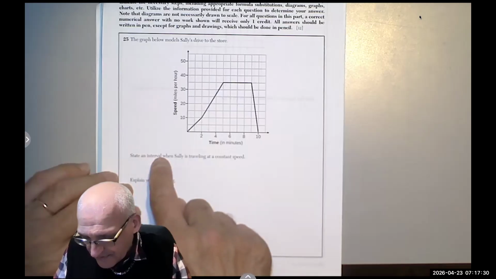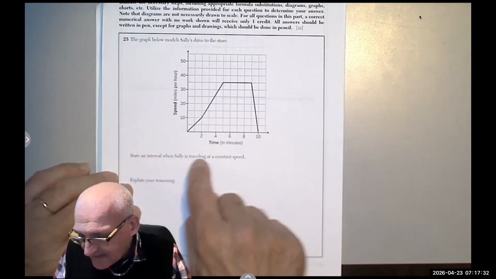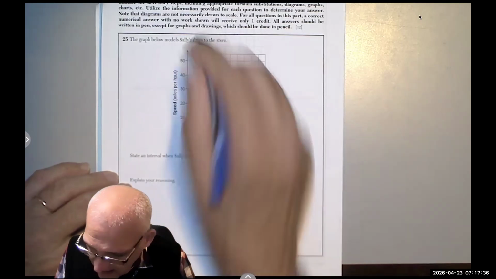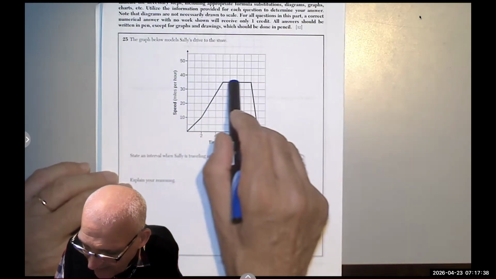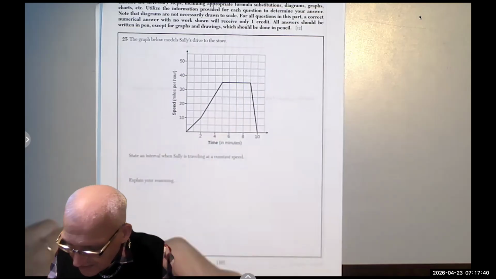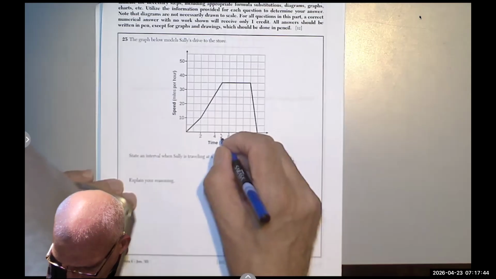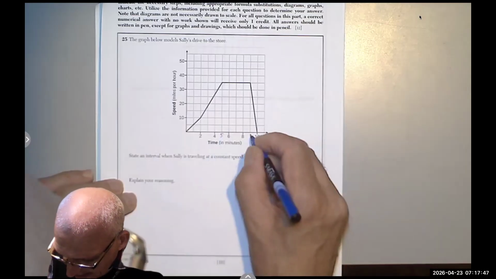State an interval when Sally is traveling at a constant speed. This is the speed, and the speed is at 35 miles per hour between the time 5 minutes and 9 minutes.